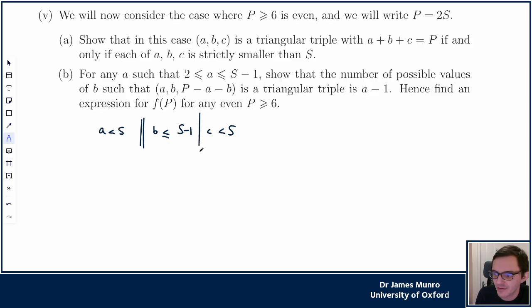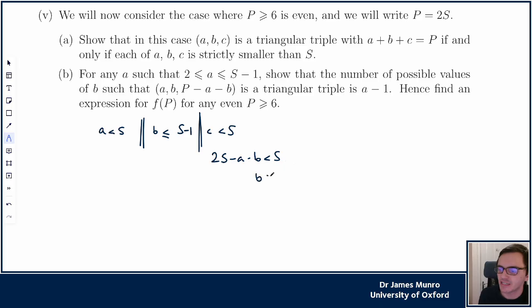These are separate. So then the one I haven't joined in with yet, I suppose, is C less than S, which I could write as 2S minus A minus B is less than S, using the fact that P is equal to 2S. Now, let's see. This looks like a rule about how big B can be. It says that B has to be large in a way.